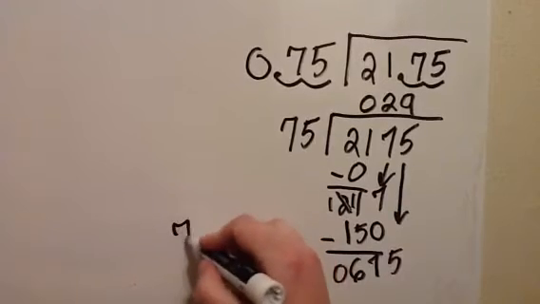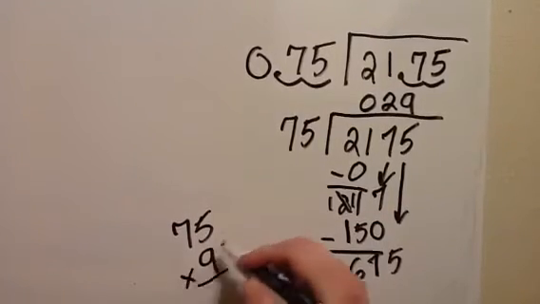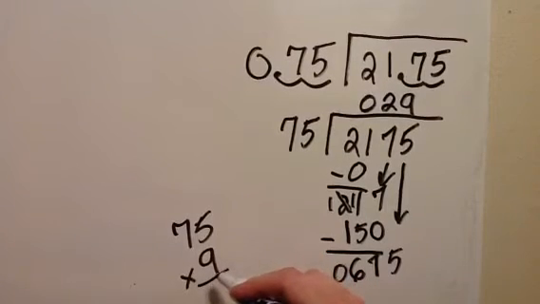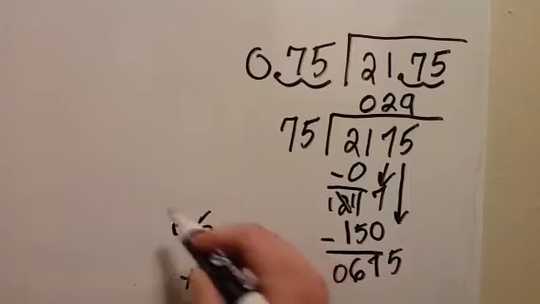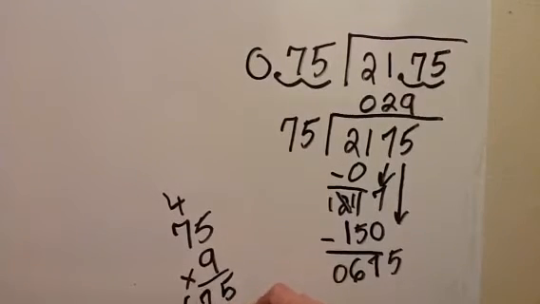So 75 times 9. 5 times 9 is going to give us 45, and then 7 times 9 is going to give us 63, 64, 65, 67, and so we have 675.